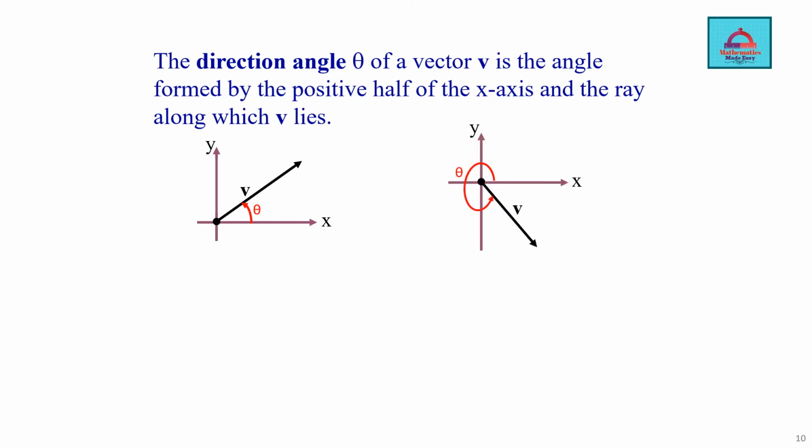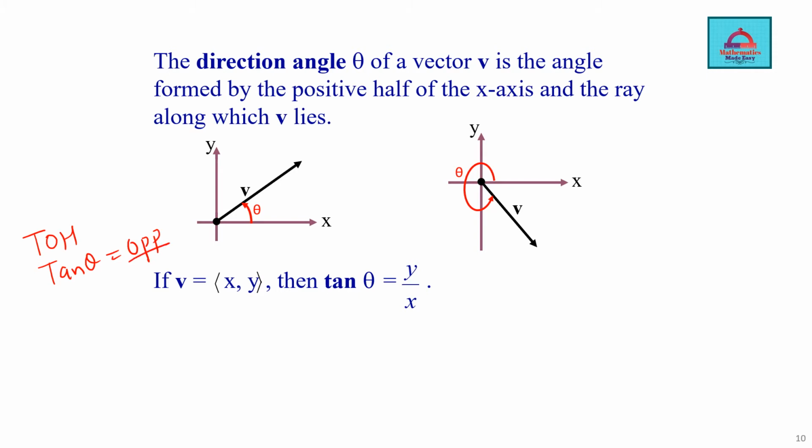Let's do it. This theta can be an acute angle or an obtuse angle. And if you're given the vector's x and y components, then tan of this theta is y over x, meaning opposite over adjacent. You remember, for tan the formula is TOA, so tan theta is opposite over adjacent.